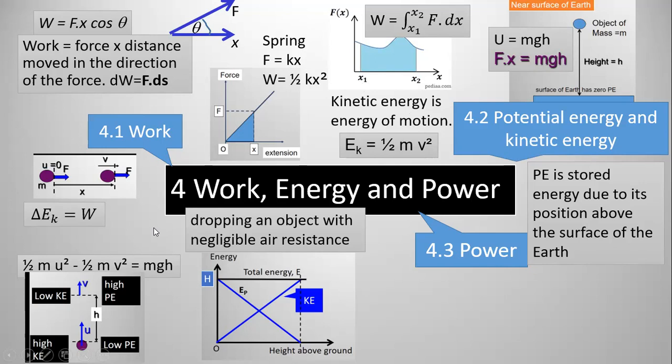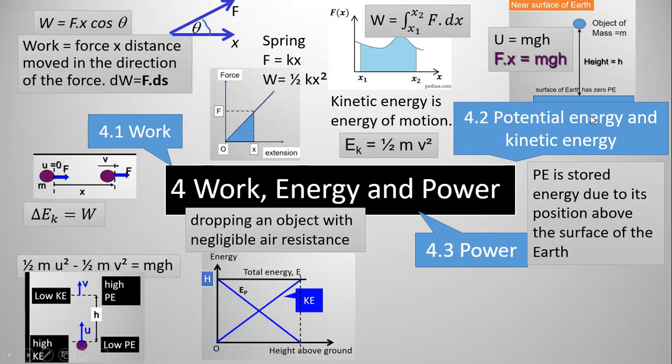And then in any situation, you can understand what's happening and write the work energy theorem. Like in this case, when you throw a ball up, no air resistance, it's just a loss in kinetic energy, gain in potential energy.